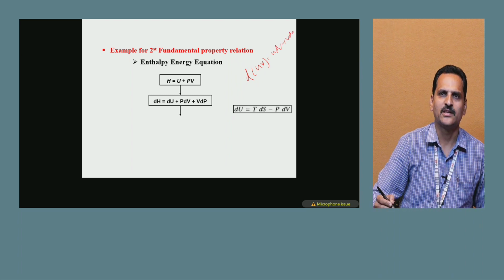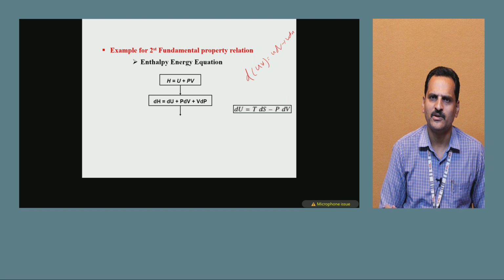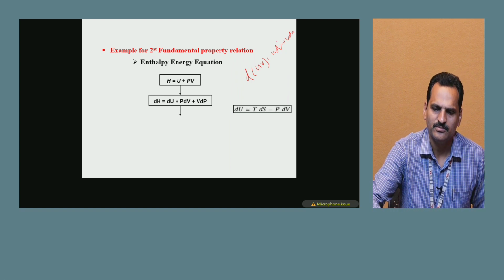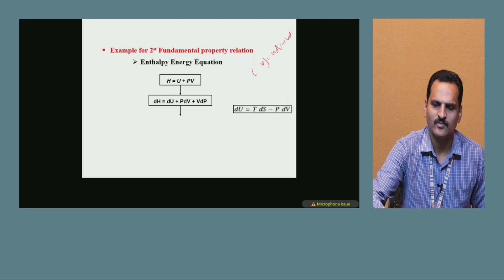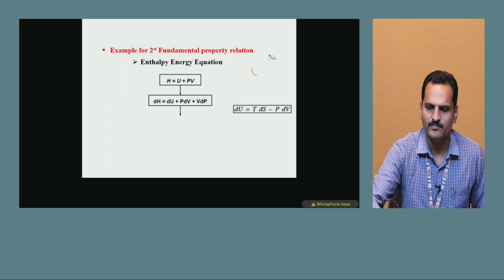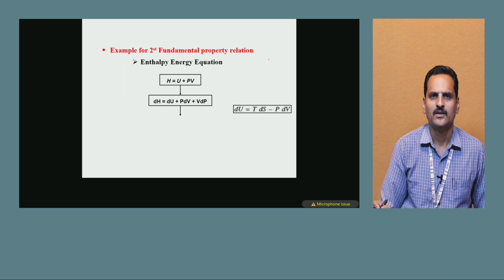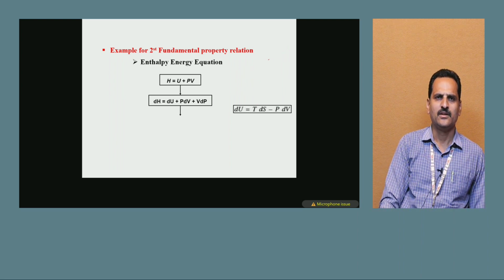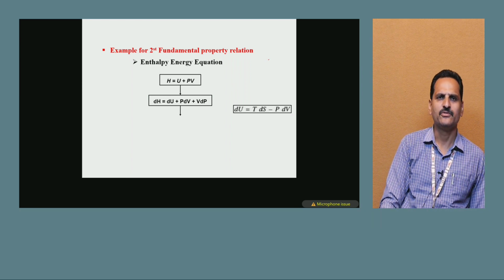This is the simple mathematical differentiation form of d(UV). Similarly, therefore, dH is equal to dU plus PdV plus VdP.